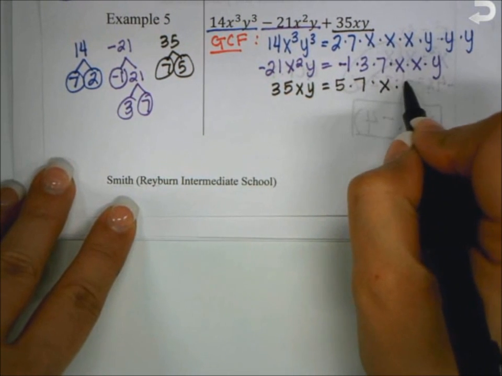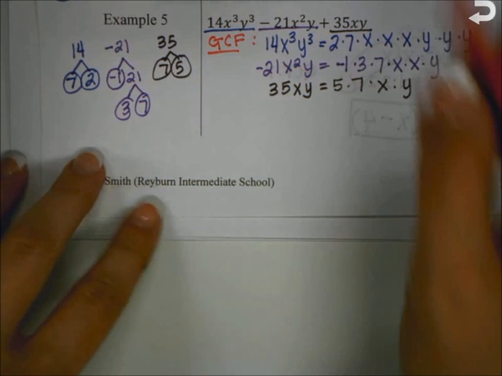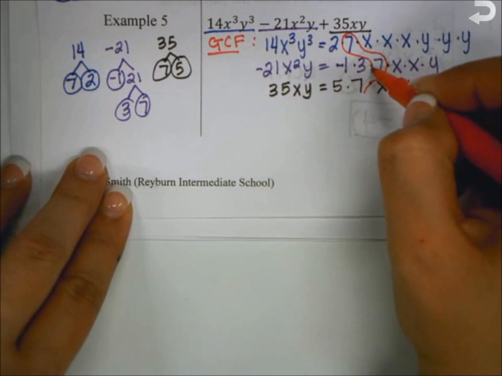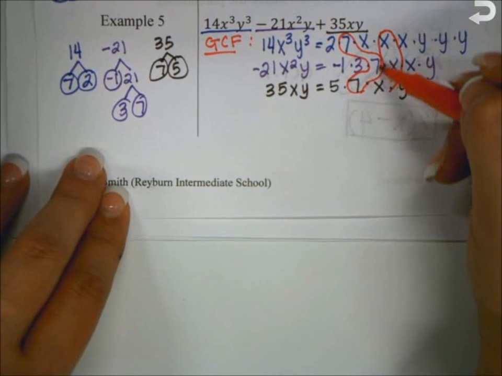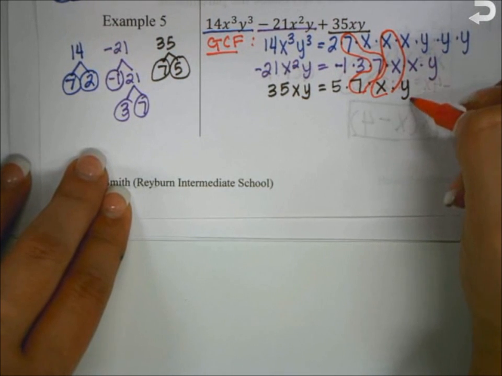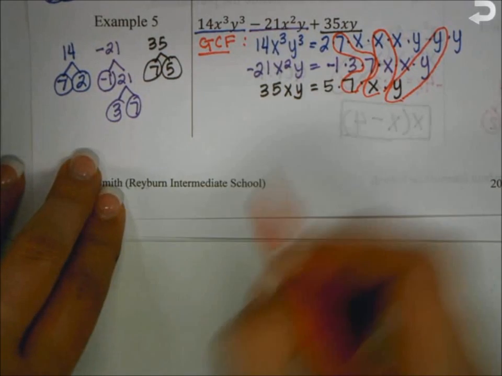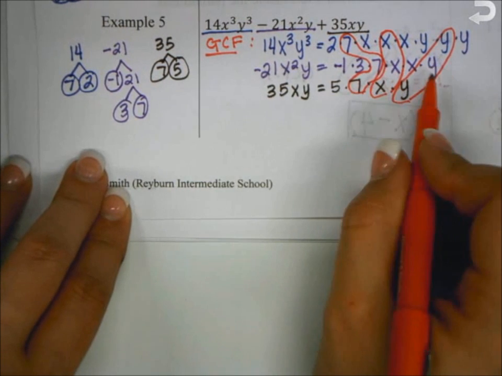They have a 7 in common. They have 1x in common and 1y in common. So what's my GCF here? 7xy. Good. So my GCF is just 7xy. That's the only thing that they all have in common.